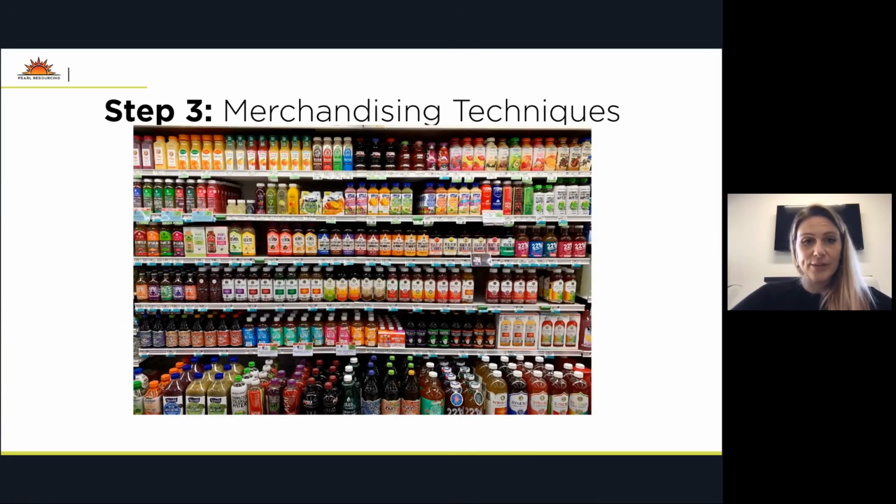Here's a really great example of how color plays in a very saturated market like juice and kombucha, which has been stacked and designed to grab attention. You can see that all the brands' family products are placed together, but the play and contrast of the color is very important.